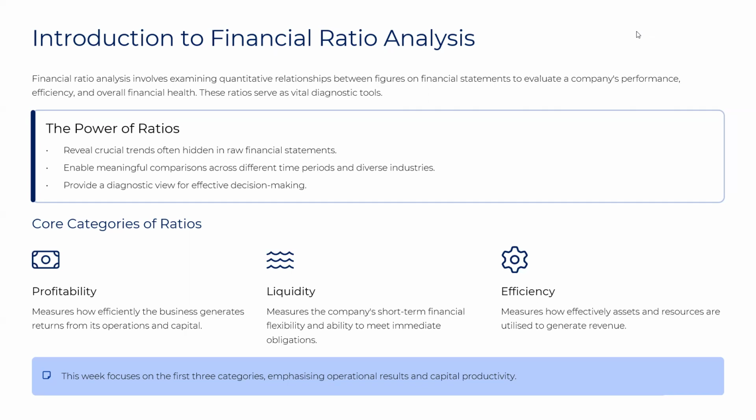The essence of this is to measure the company's performance, efficiency, liquidity, overall financial health, and financial position. So we can say that the ratios serve as vital diagnostic tools.